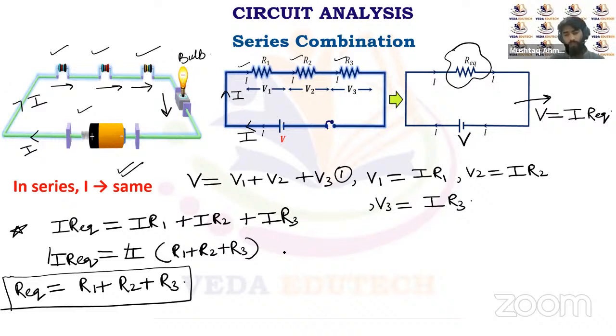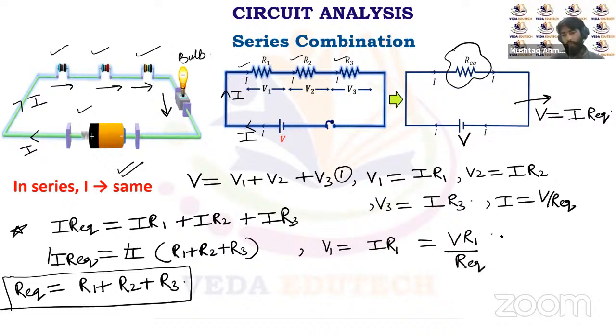And we can also calculate V1. V1 is equal to I times R1, right? Or I is equal to V upon R equivalent, so V1 will be V times R1 upon R equivalent, which is equal to V times R1 upon R1 plus R2 plus R3.